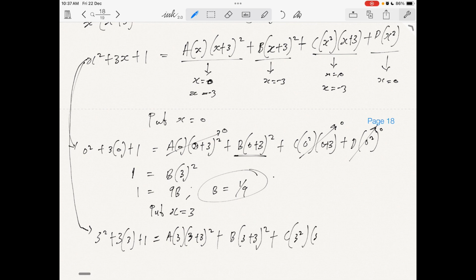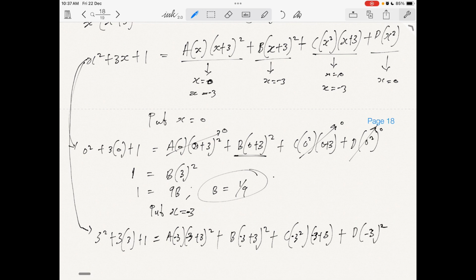Oh, sorry, we are putting x equal to minus 3. Thank you. Minus 3, minus 3, minus 3, minus 3, plus 3, plus d into minus 3 squared.